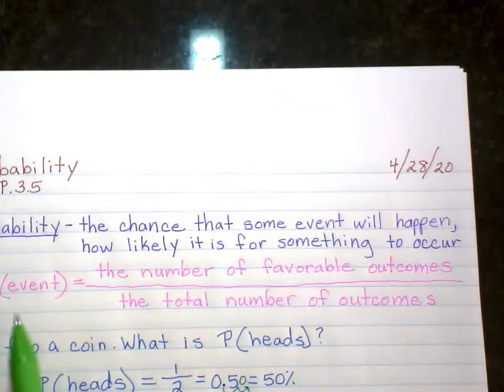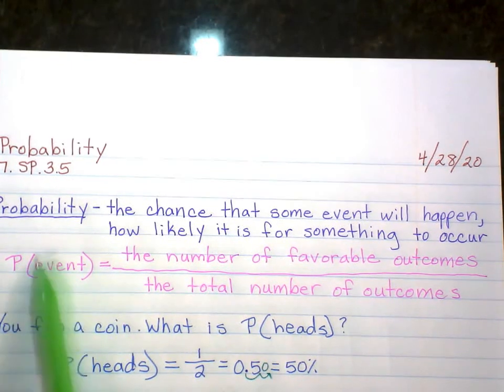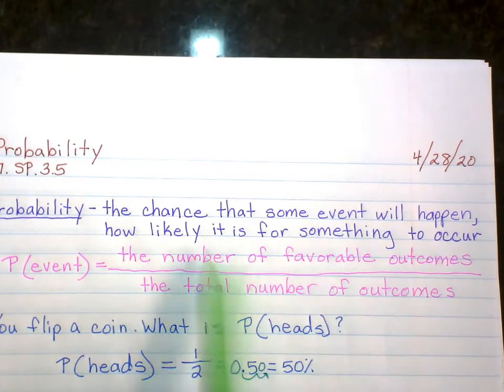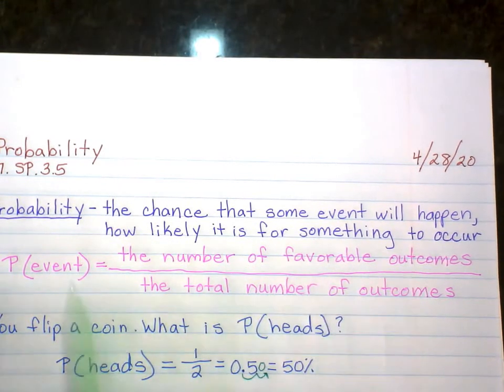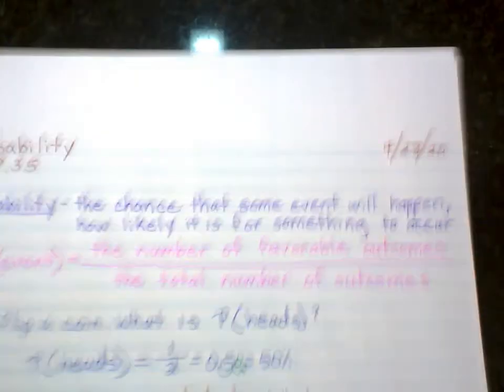If you remember from yesterday, probability of an event. So the probability of drawing green. The event here is green. The number of favorable outcomes, so basically how many of the marbles are green, over the total number of outcomes, the total number of marbles.